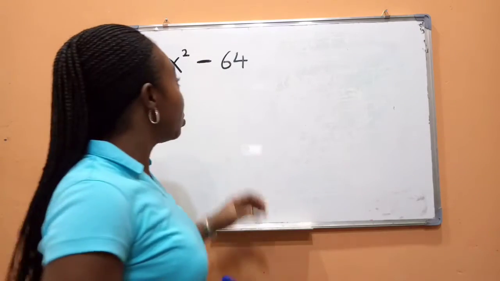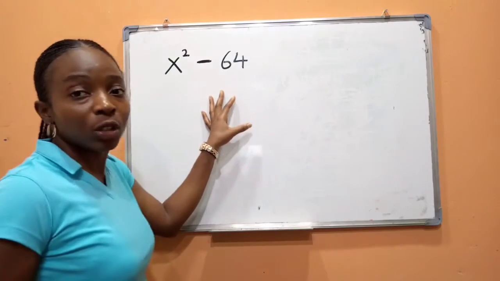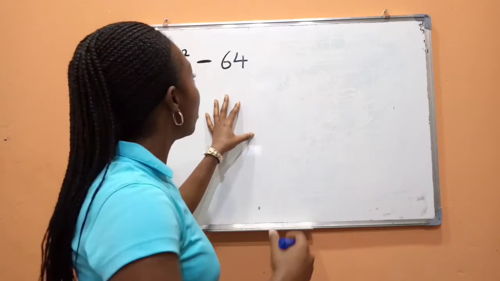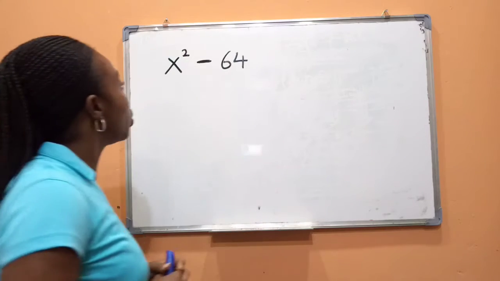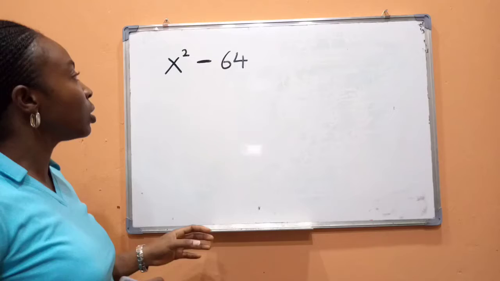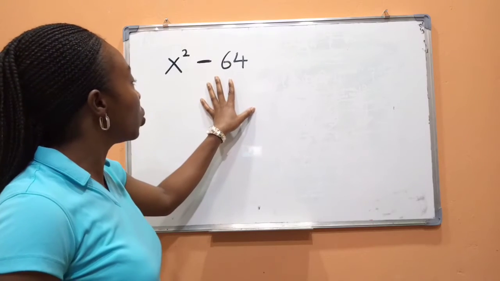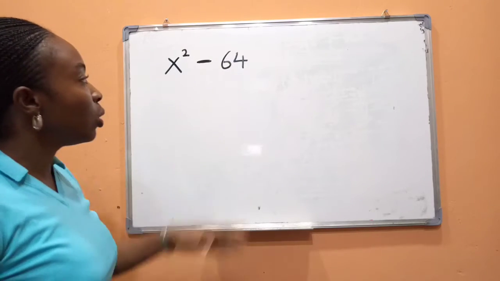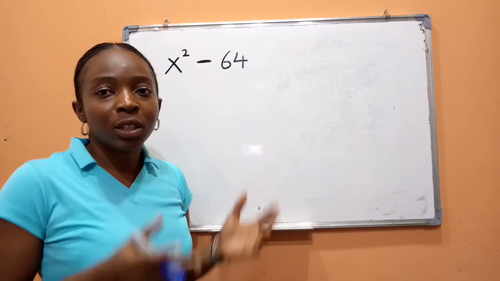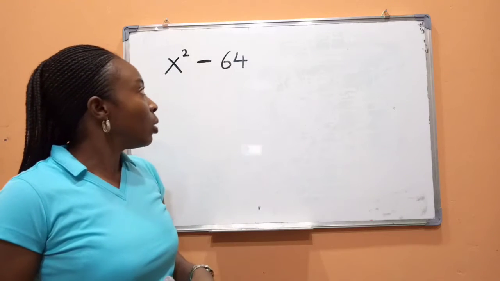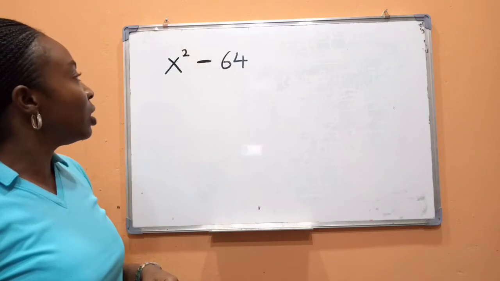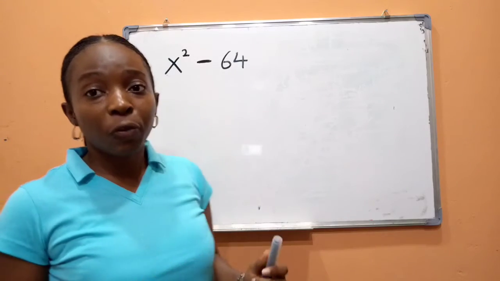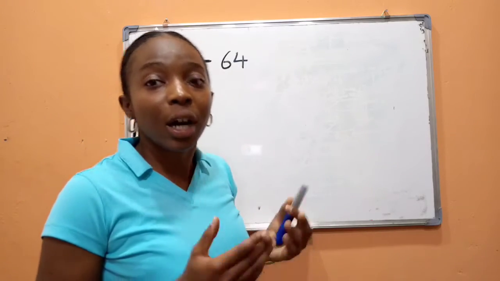Before we go into factoring the difference of squares, or perfect squares, as some people love to call it, it's important that we understand what the difference of squares is. What we mean is this: you're trying to find the difference between two quantities that have squares.